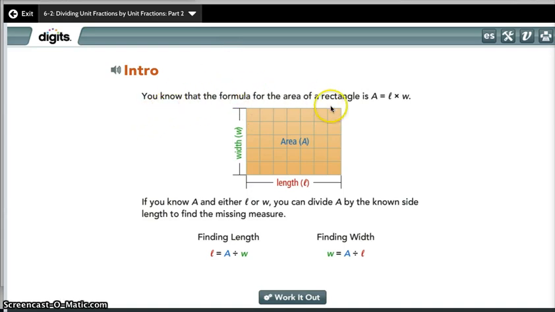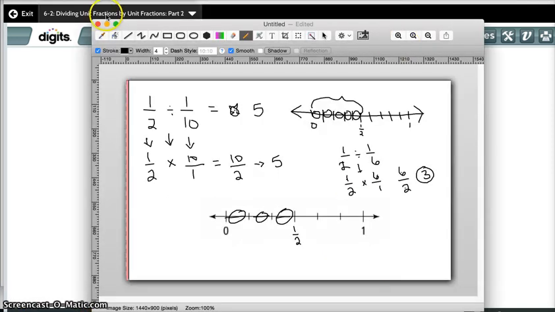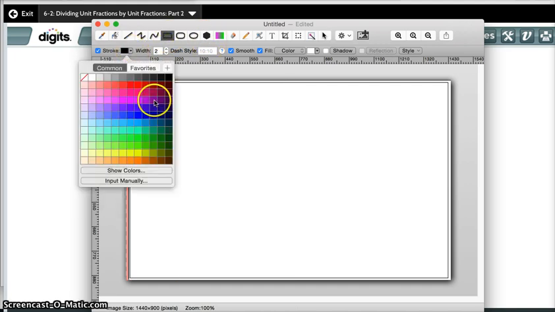It says, you know the formula for area of a rectangle is area equals length times width. If you know the area and either the length or the width, you can divide to find the missing side. So let's think about this in whole numbers first, and then we'll jump into fractions. So if I say that I know my yard has an area, the inside of my yard, let's make this green.